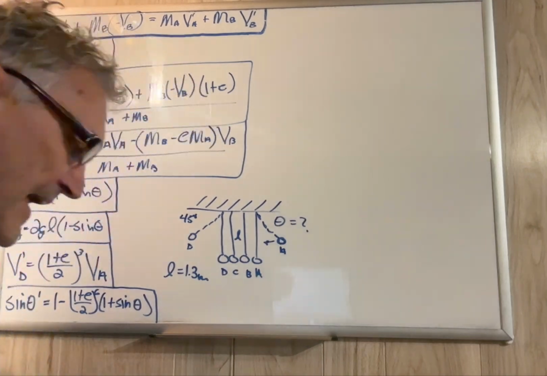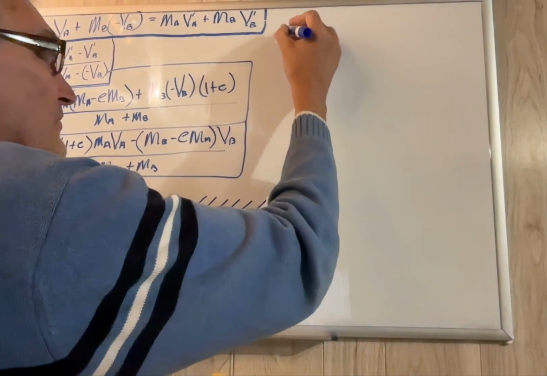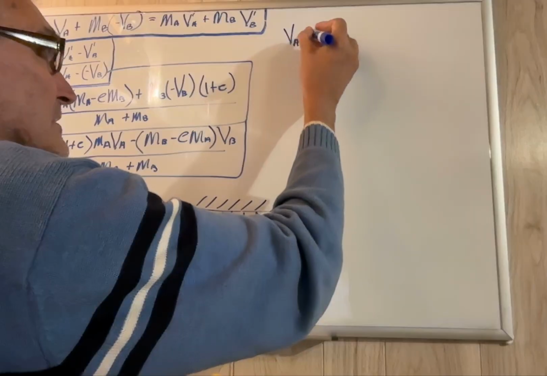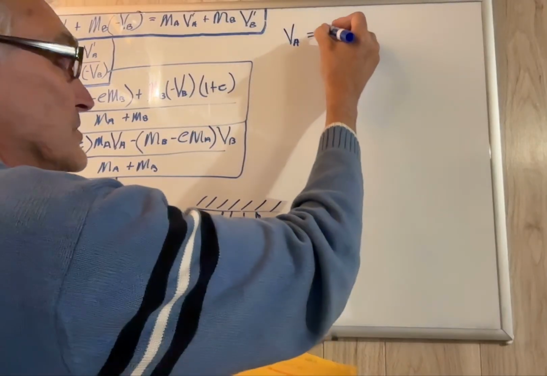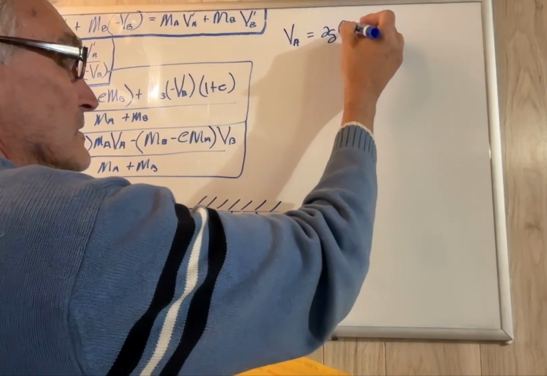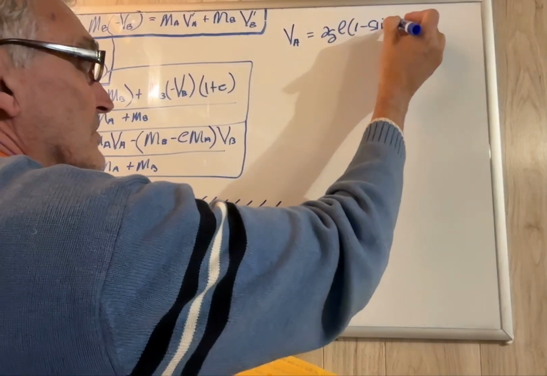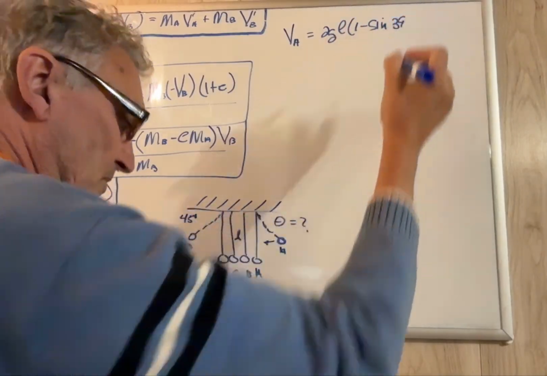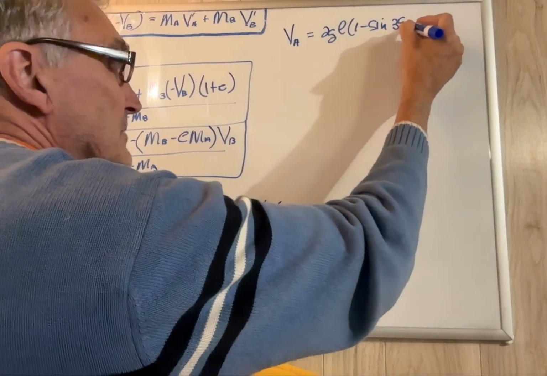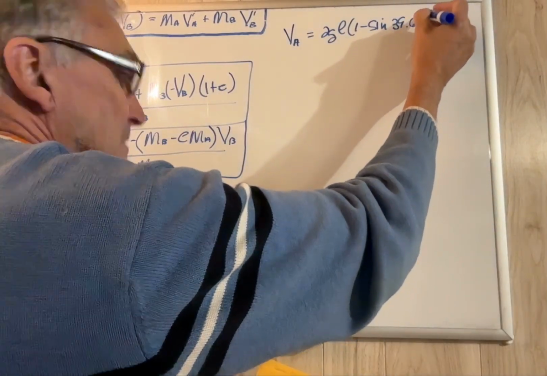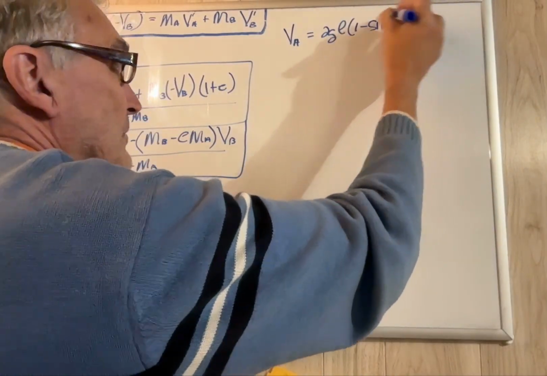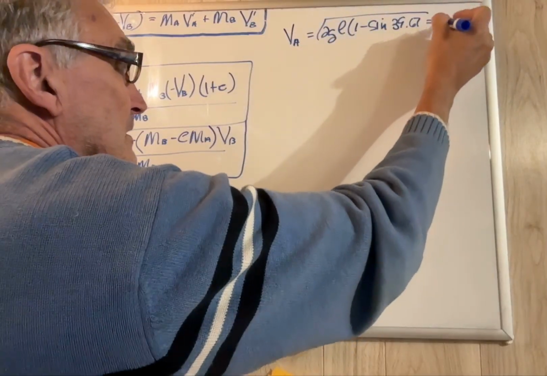So our velocity A is equal to the square root of 2 times G times L times 1 minus the sine of that 39 point something, I think it was 39.67 or something like that. If we take the square root of that thing, we end up with 3.035.